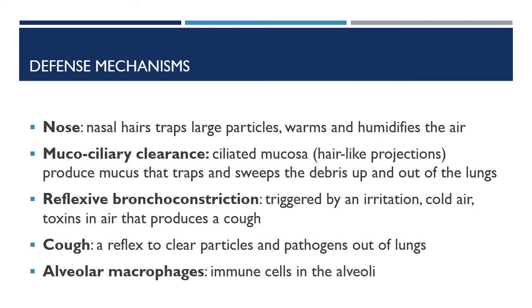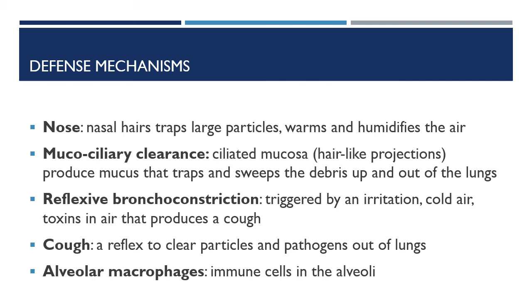You have this clearance system called the mucociliary clearance. And these are tiny little hair projections called cilia that are in your trachea and in your bronchial tubes, and they produce mucus. And what does the mucus do? It traps the smaller molecules and debris that have made it in to the lower respiratory tract.